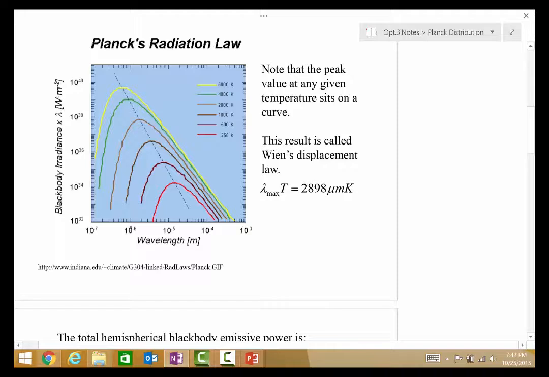This is 1 times 10 to the minus 6. This is 2 times 10 to the minus 7, 3 times 10 to the minus 7, 4 times 10 to the minus 7, so 4 times 10 to the minus 7 is 0.4, 5, 6, 7. So 7 times 10 to the minus 7. So we are in a wavelength interval that looks like that when we talk about visible radiation or visible light.